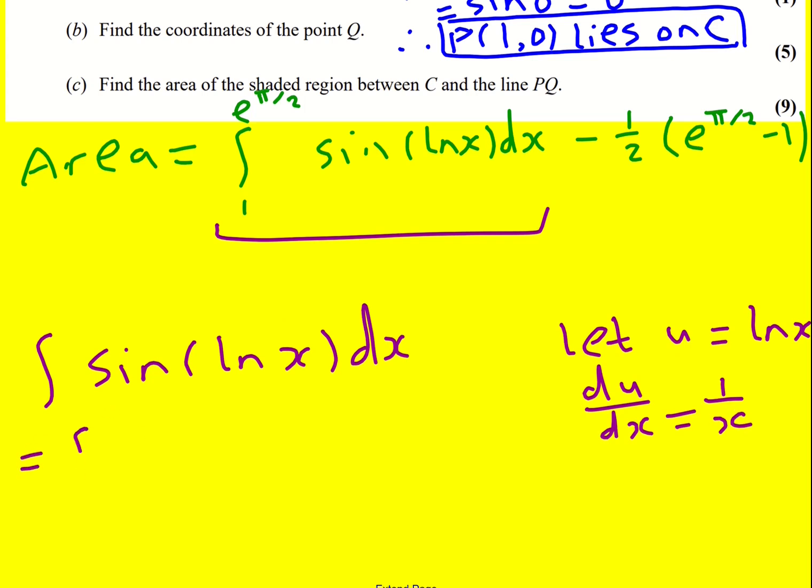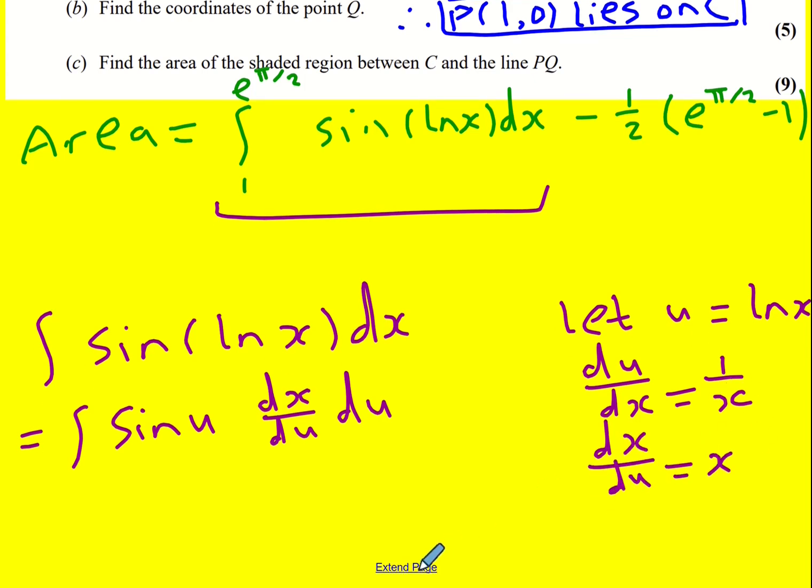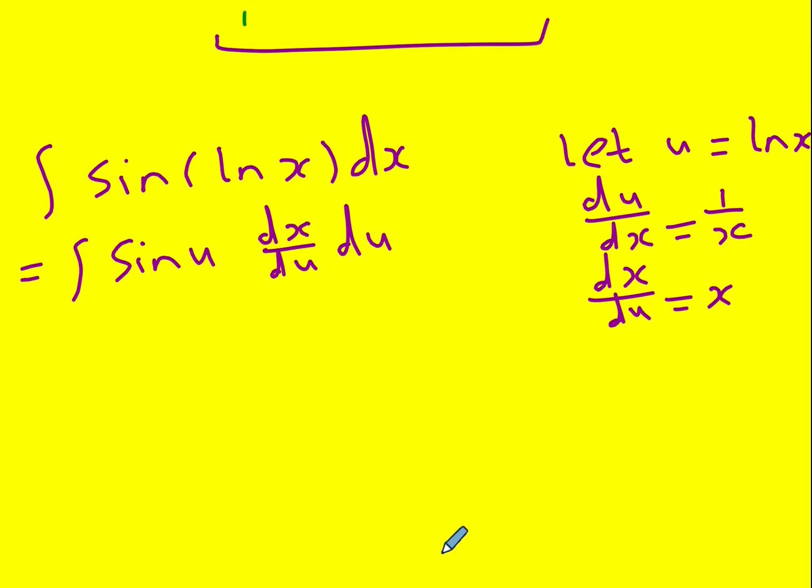So this becomes the integral of sine u dx by du, du. Okay, dx by du is then just x, which is equal to e to the u.